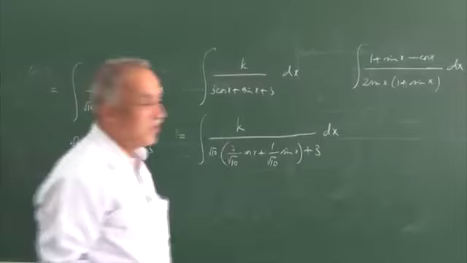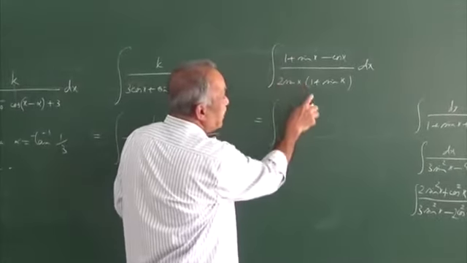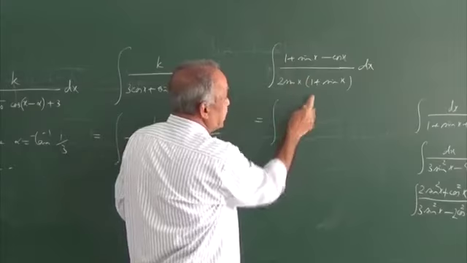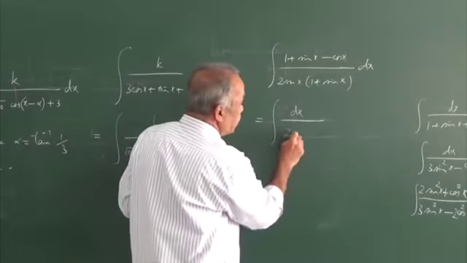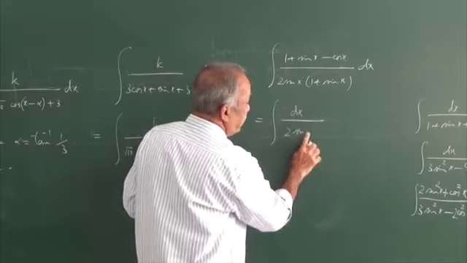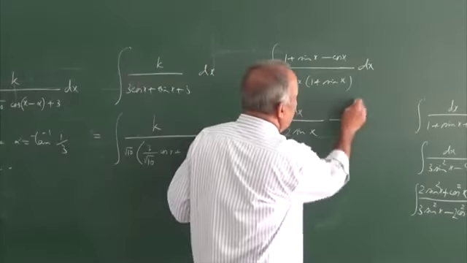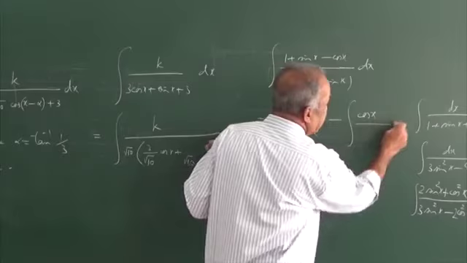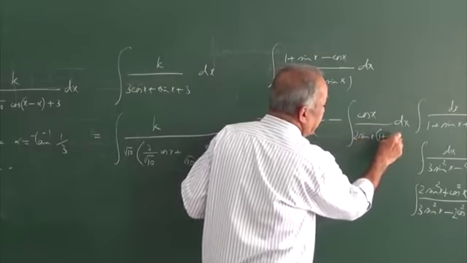Decompose. In the first part, 1 plus sin x is found common to numerator and denominator. Integrand reduces to 1 by 2 sin x. In the second part, numerator will be cos x dx and denominator 2 sin x into 1 plus sin x.